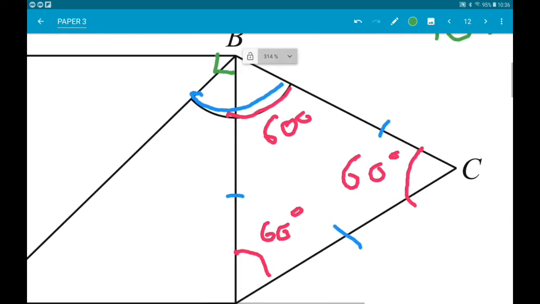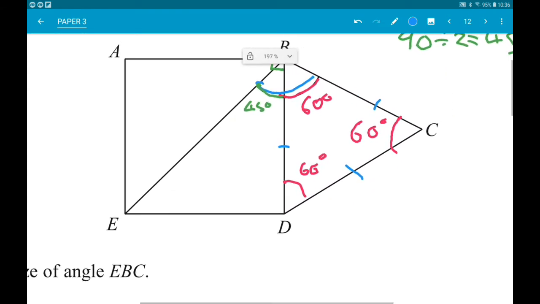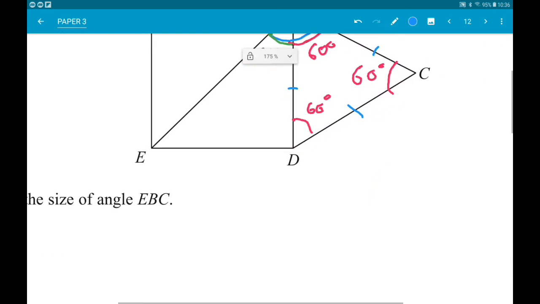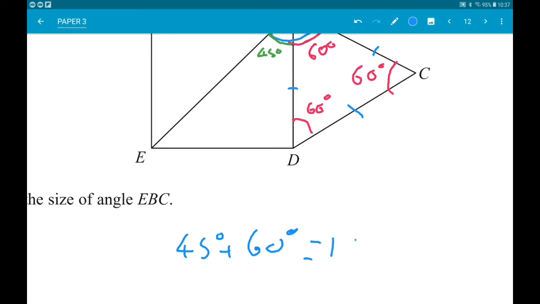So the green part of this angle is 45 degrees. So in total, it's 45 degrees add 60 degrees, which is 105 degrees.